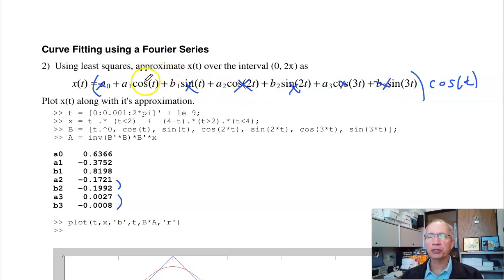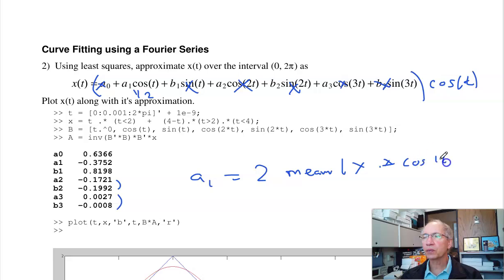Everything's 0 except this term. The average of cosine squared is a half. So I can find a1. a1 is just 2, that clears out the half, times the average, or Matlab speak, the mean of x hit with cosine of t. And likewise for b1, c1, and so on.